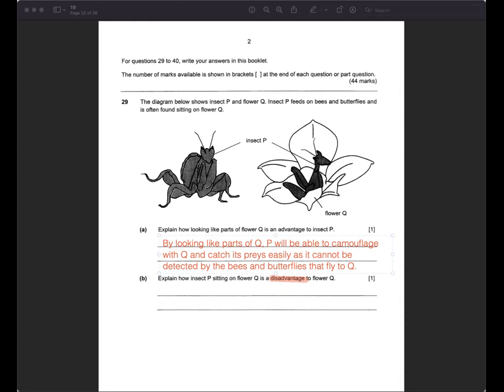Okay, Sing Ru, I'll give you 1 mark. Well done. Eden, I will not give you the mark. Can you explain further? You're not wrong, but you are not answering the question directly.